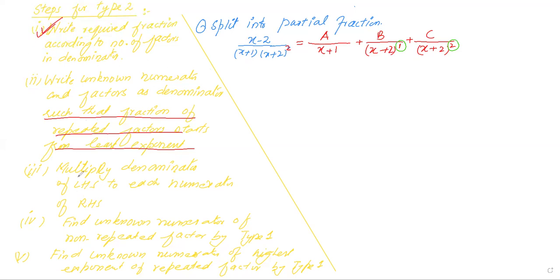What's the next step? Multiply the denominator of the left hand side to each numerator of the right hand side.